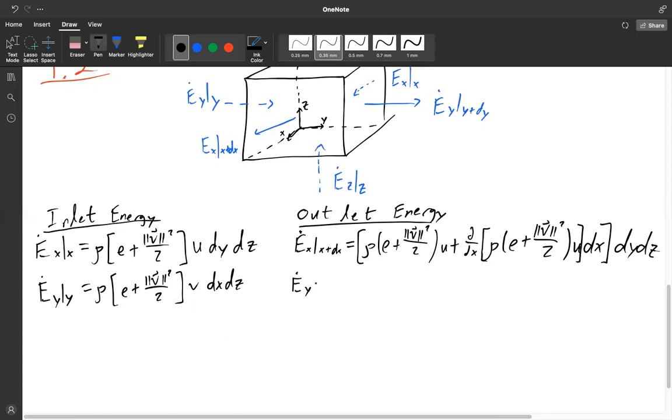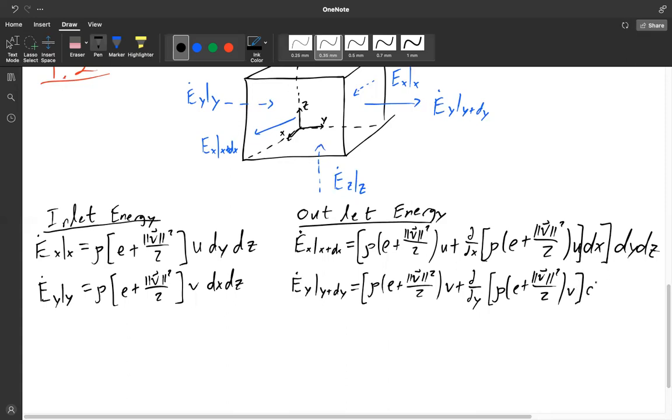E dot y at y plus dy equals rho times e plus velocity magnitude squared over 2 times V, plus partial y of rho times e plus velocity magnitude squared over 2 times V, dy dx dz.